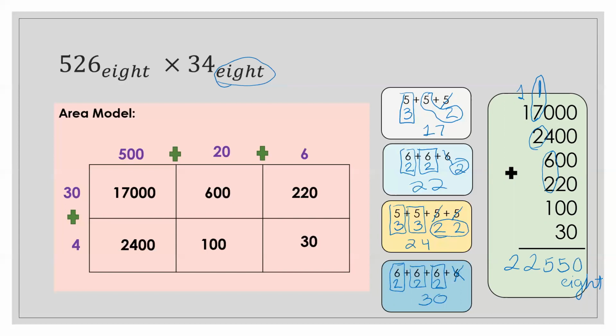Okay, so we would say now 526 multiplied by 34 in base 8 is equal to 22550, as you can see there. Okay. That is it for today.